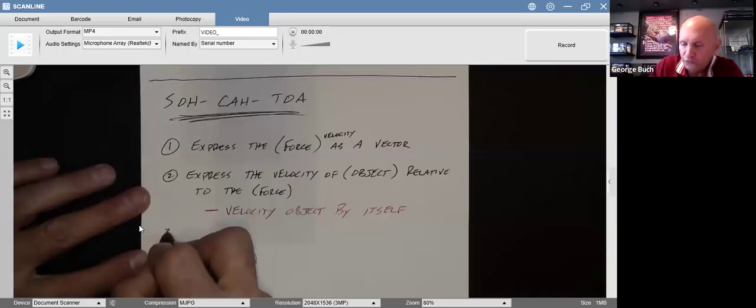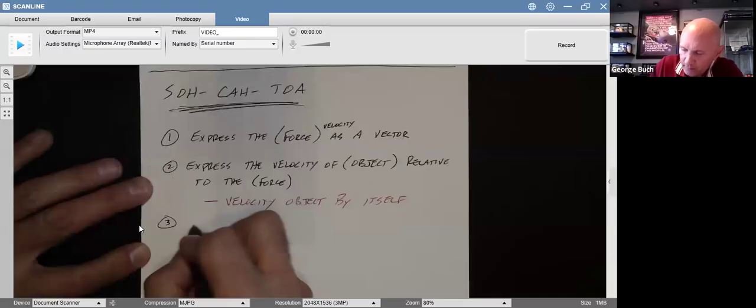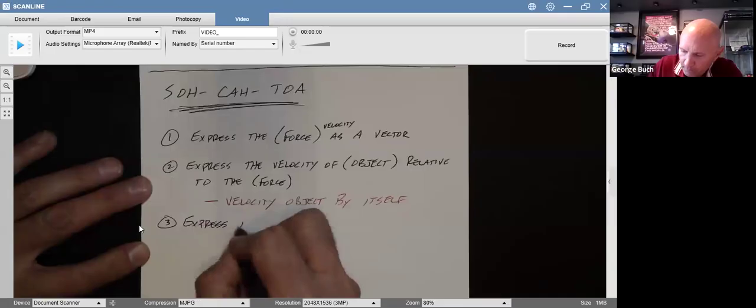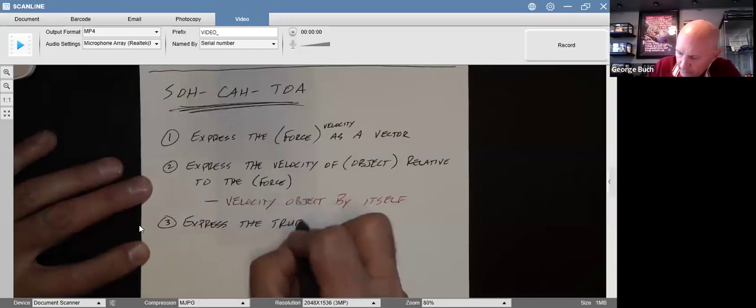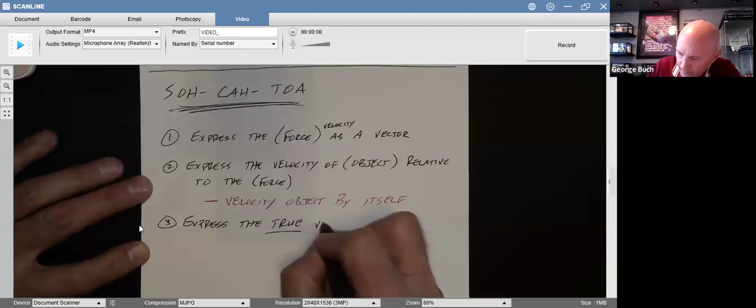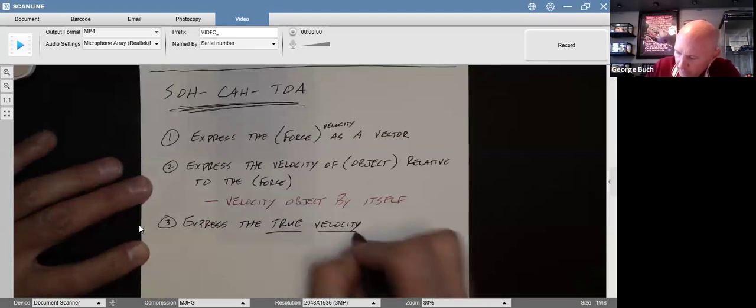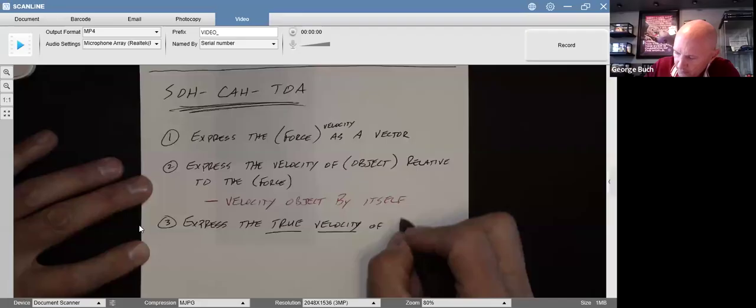Once you have those two, the next thing it'll say is express the true velocity of the object.